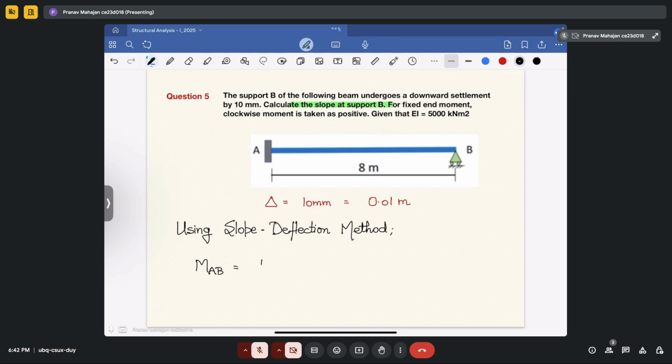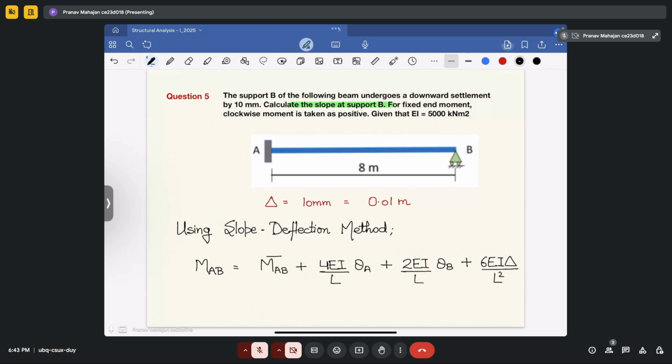You will write MAB equal to MAB bar, that is moment due to fixed support, plus 4EI upon L into theta A plus 2EI upon L into theta B plus 6EI delta upon L square. Okay, so this is the general equation for the slope deflection method.